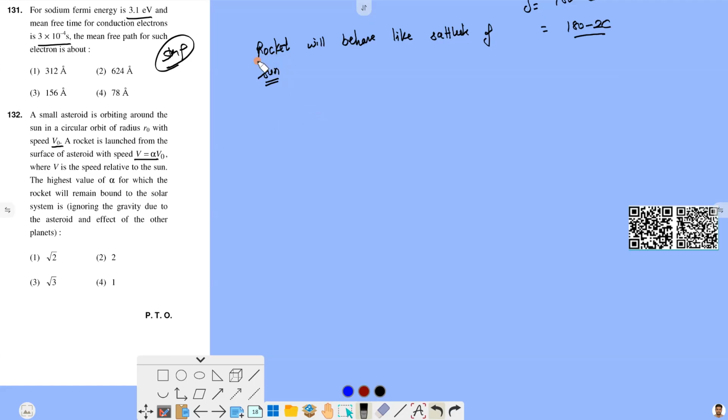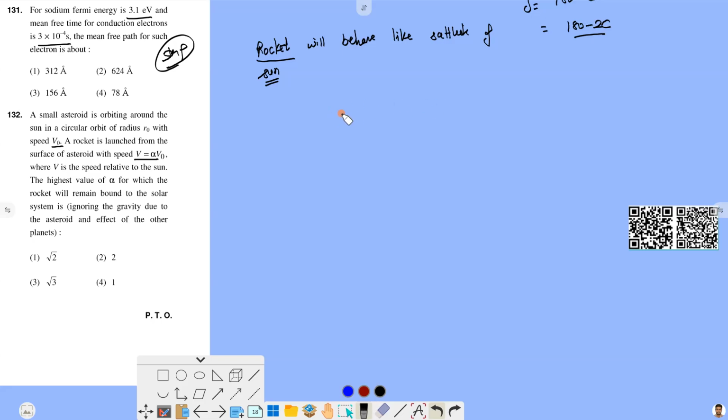Similarly, the rocket has to be bounded by the sun, so it will orbit around the sun, and it will behave like a planet. So basically we can assume here that the rocket will behave like a satellite of the sun or like a planet for the sun.